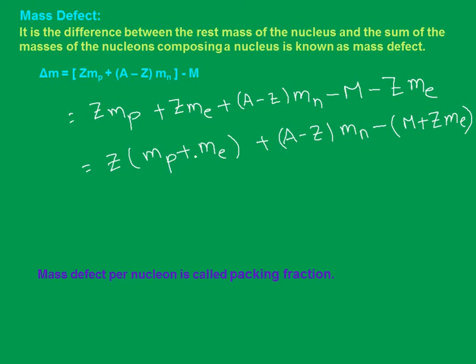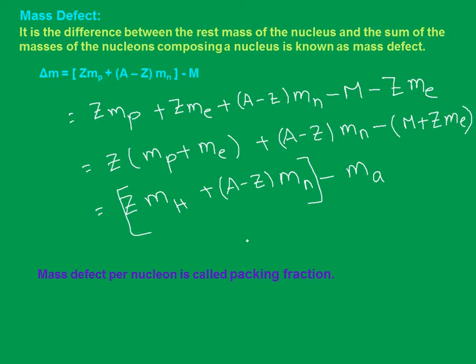And the electrons plus the mass of the nucleus is nothing but the mass of an atom. Z into Me plus the mass of the nucleus is the total mass of the atom. So I am going to call this Z into Mh plus A minus Z into Mn minus Ma.